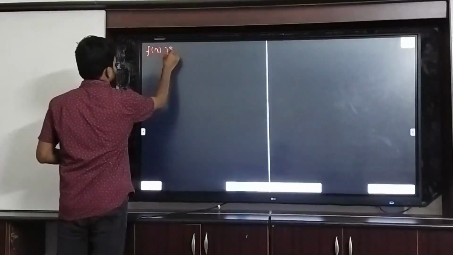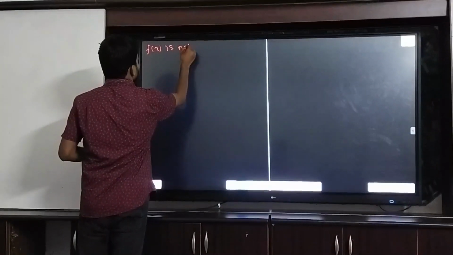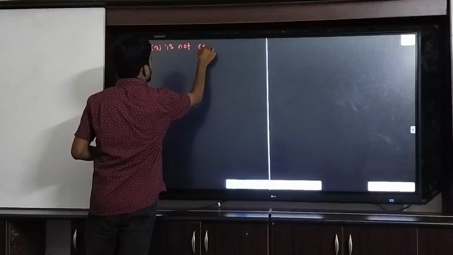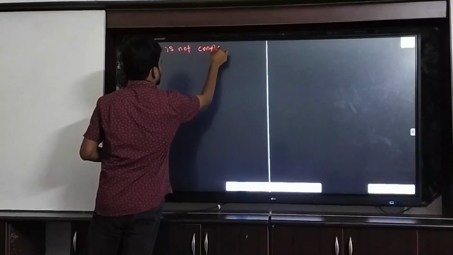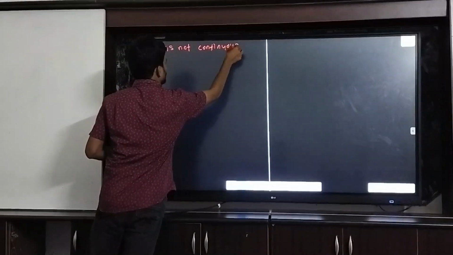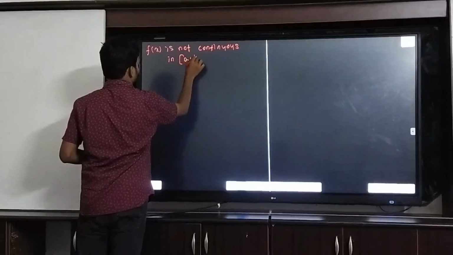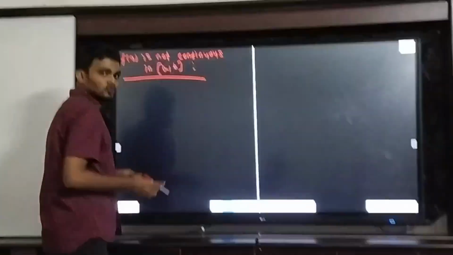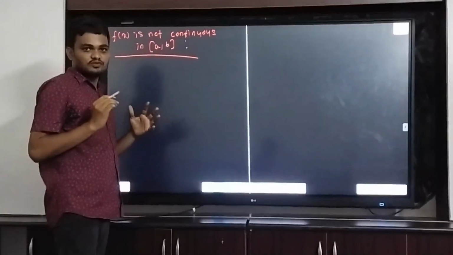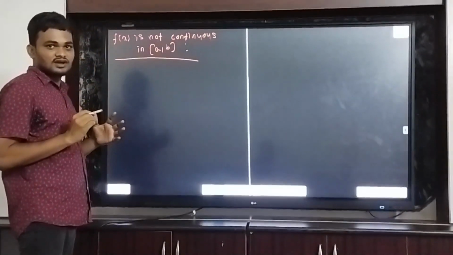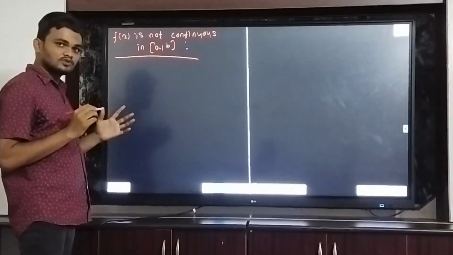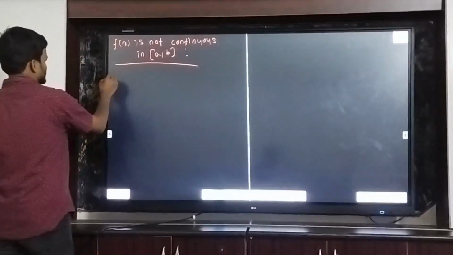Suppose f of x is not continuous in the closed interval AB. We will observe everything graphically. Suppose we have a function f of x and its graphical representation looks like this.